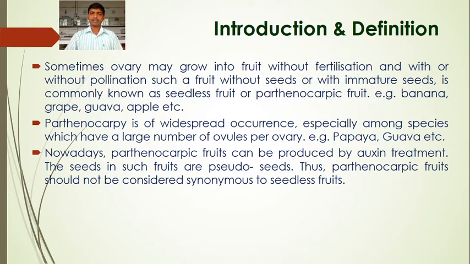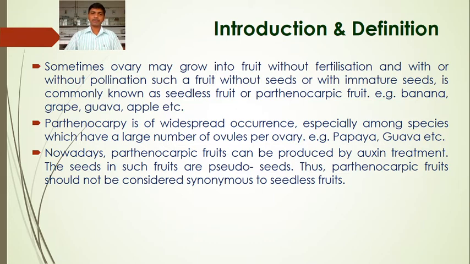These are fruits which possess immature seeds, or are seedless fruits, produced by the phenomenon of parthenocarpy, especially in those species which have a large number of ovules per ovary. The examples are papaya and guava.